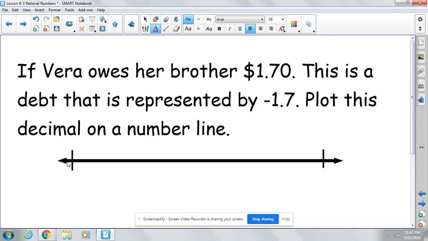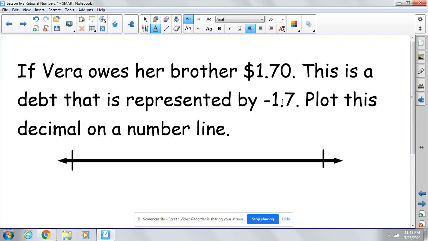So I'm going to have a negative 1 somewhere on this number line on one side. And if it's negative 1.7, you have to think, is this going to be between negative 1 and negative 2? Or is it going to be between negative 1 and 0? It is going to be between negative 1 and negative 2.